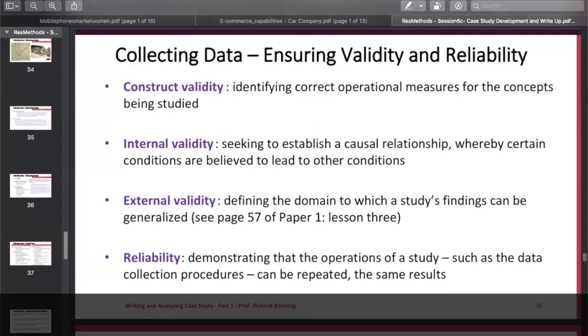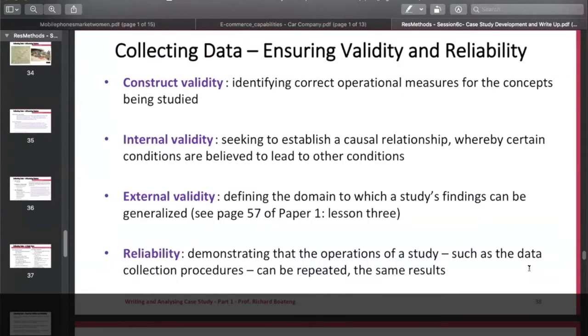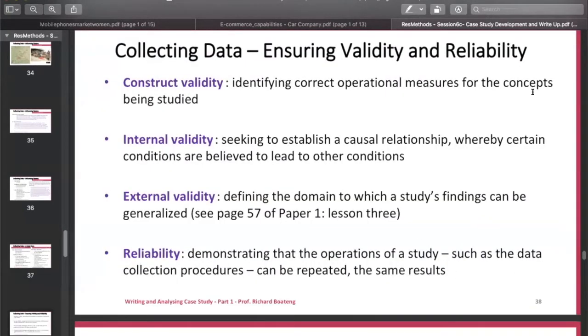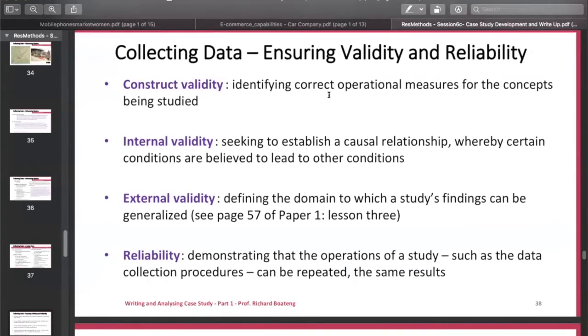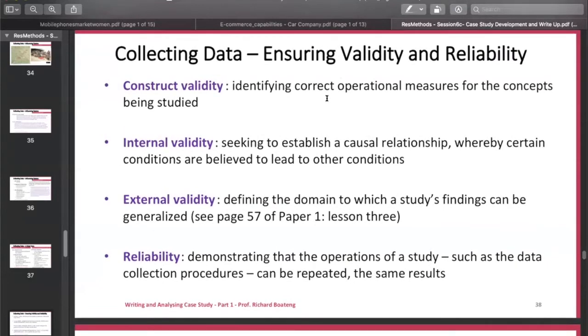But before we do that today, I just want us to take our time and look at the sample case study I have shared with you through Zoom, and it's also on our online learning platform in Sakai.